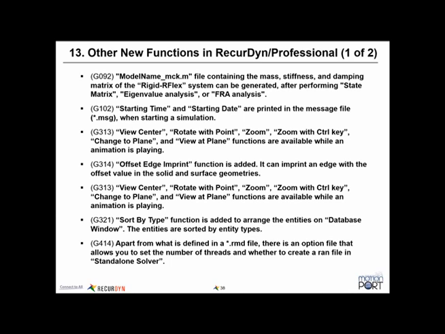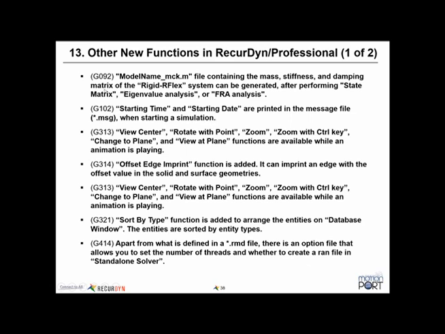So now there are too many things to go into detail, so these are ones that we can just briefly mention. Basically, there's this new capability to output the mass, stiffness, and damping matrix, and then this rigid RFlex system.